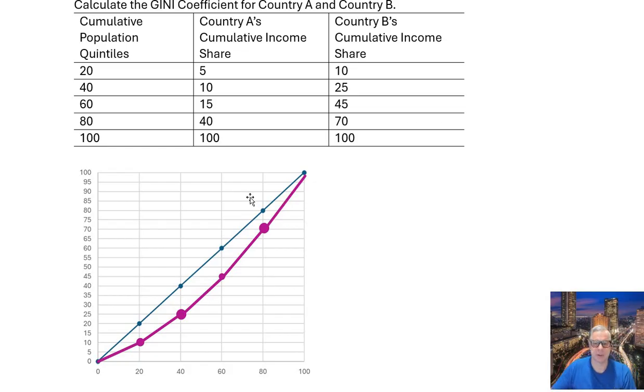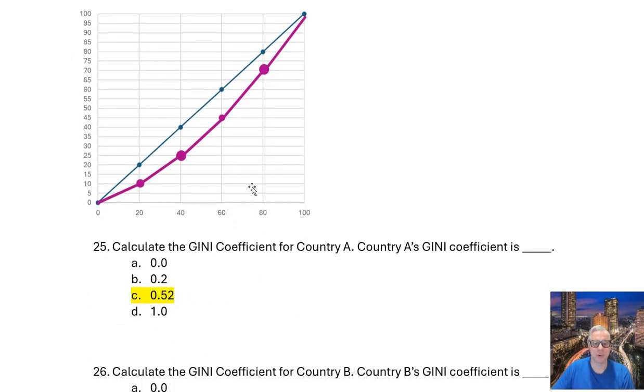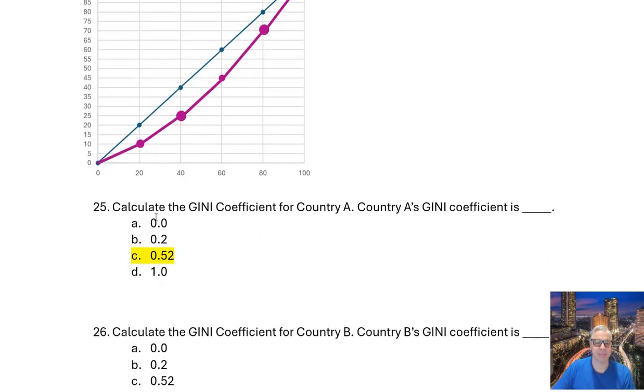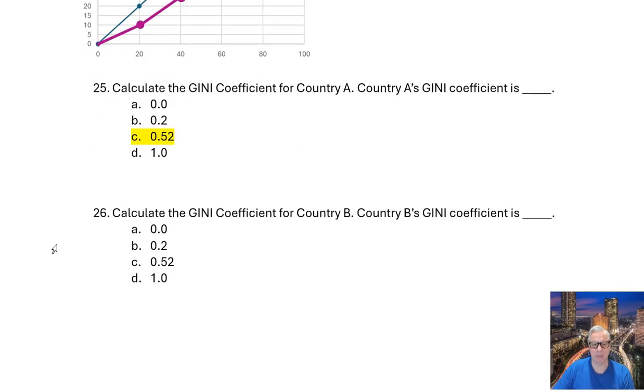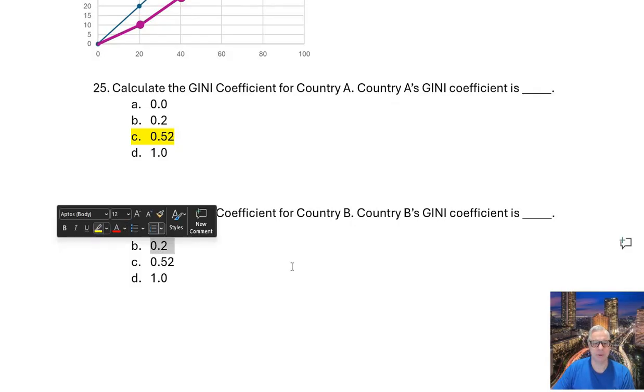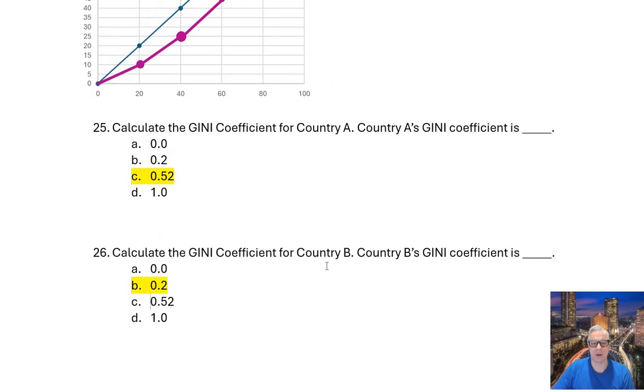So it's definitely less than 0.52. It cannot be 0, it is not 1. It must be 0.2. It must be less than 0.52, and it's not 0 or 1.